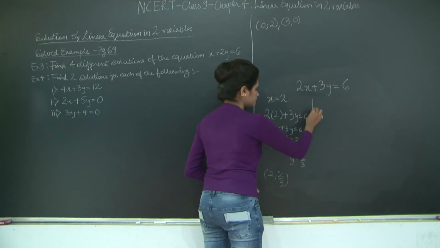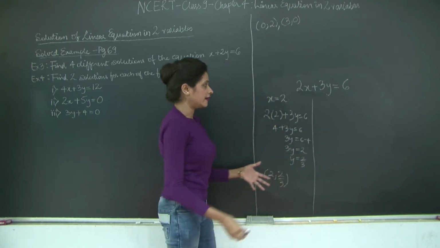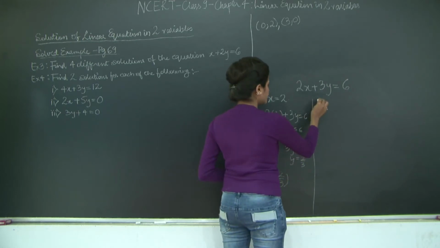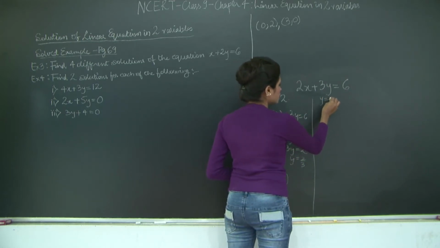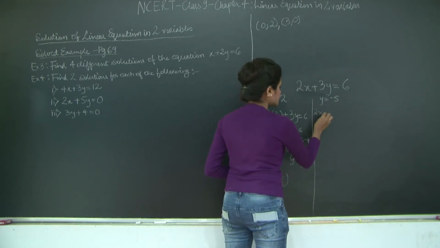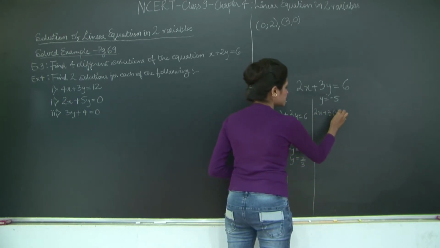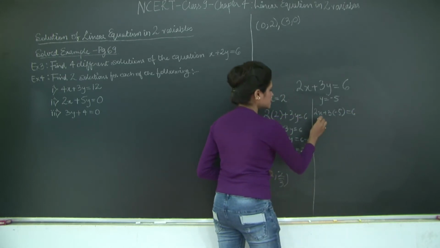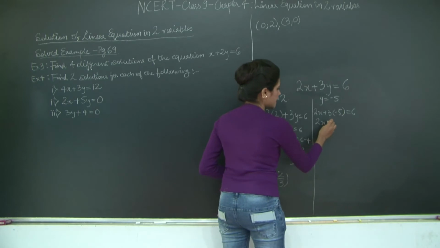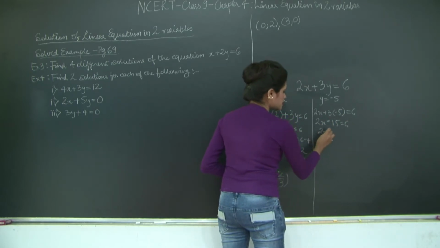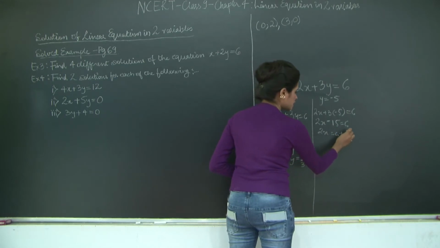Let's take another. Now I'll take a value for y, just any random value. Let's say I take a negative integer now. I'll say y is equal to minus 5. So what do I get? 2x plus 3 into minus 5 is equal to 6. So what is this going to be? 2x minus 15 is equal to 6. 2x is equal to 6 plus 15.